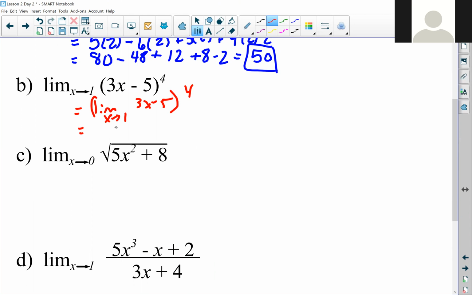So as x approaches 1, that would be 3 times 1 minus 5, and take that whole thing to the fourth power. 3 times 1 is 3, minus 5 is negative 2. Negative 2 to the fourth power is positive 16.